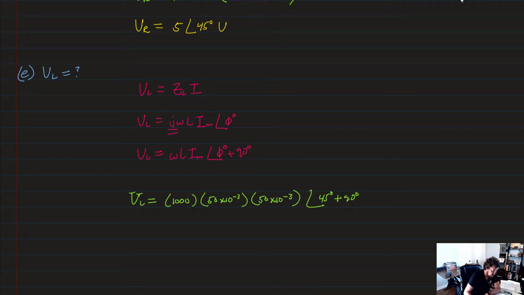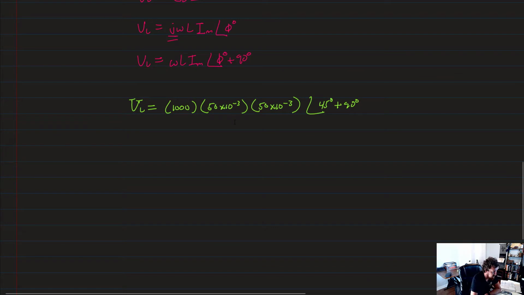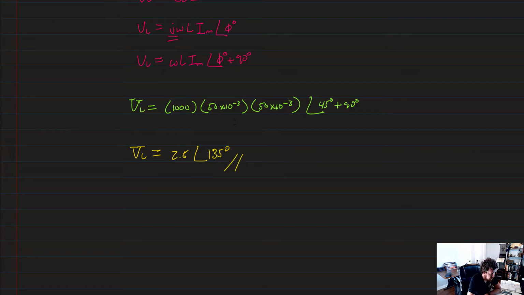So crunch all of that in. 1,000 times 0.05 times 0.05 is going to give us a phasor voltage of L as 2.5 at 135 degrees. So there we go. That is our voltage drop across L.